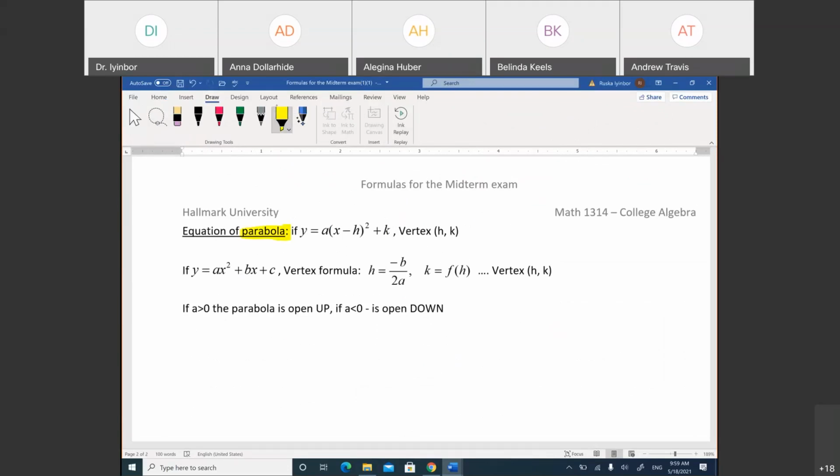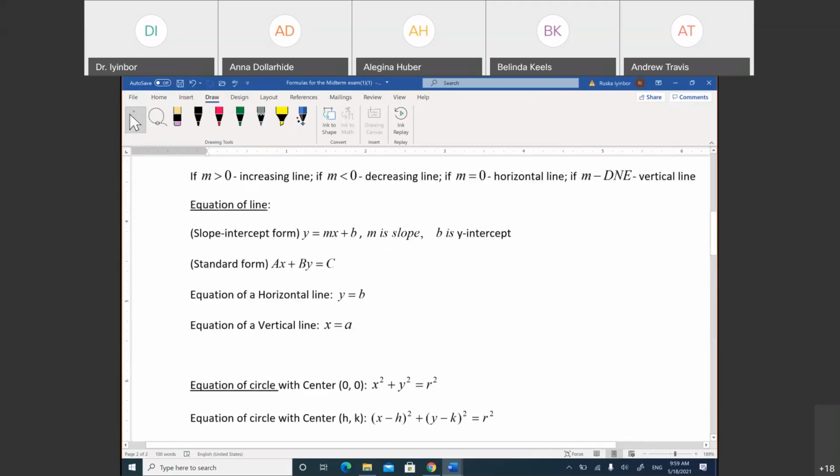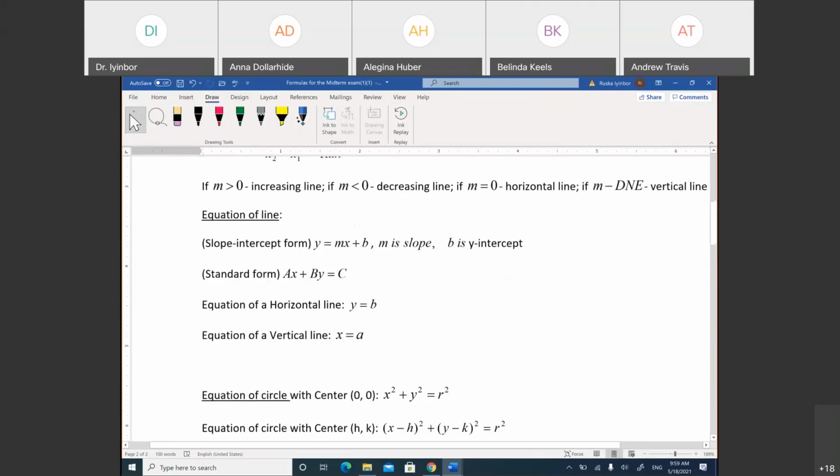So if you have a linear equation, the graph is a straight line. If you have a quadratic function, the graph is a parabola. Make sense? And for quadratic functions, there are two equations, the same way as linear. Let me show you here what we did last week. See, equation of line, you have slope-intercept form, which is this one, and you have standard form, which is this one, right?